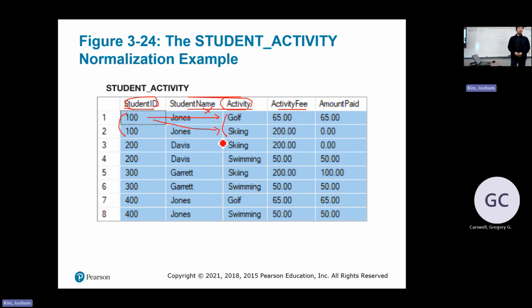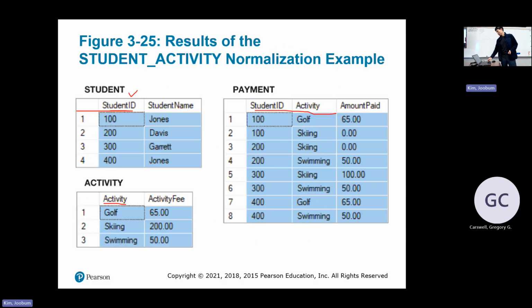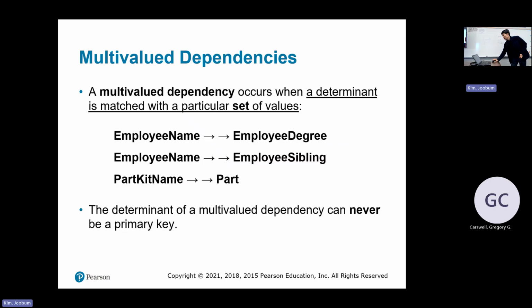Multiple values are associated, so there's no functional dependency. But the other concept, multi-valued dependency, is when a determinant is associated with a set of values. One determinant matches multiple values. Now this is a functional dependency, and that one is a multi-valued dependency.